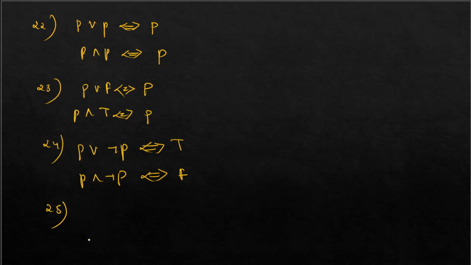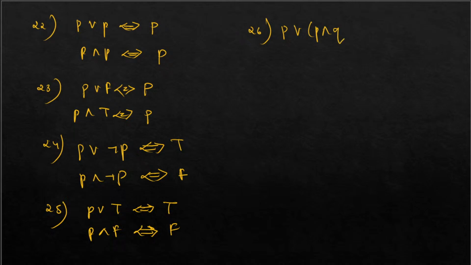The 25th is the domination law: P or true is true, P and false is false. The 26th is P or P and Q is nothing but P, and P and P or Q is nothing but P. So this is the absorption law.